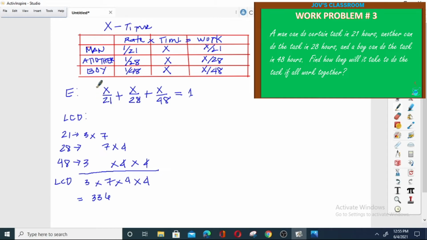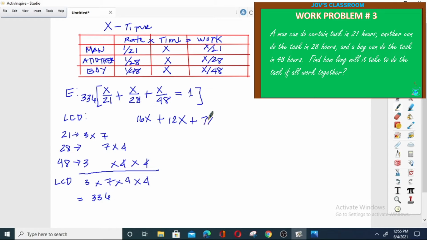So therefore, multiply the equation by 336. 336 divided by 21 is 16. 336 divided by 28 is 12, so plus 12x. Plus 336 divided by 48 is 7.